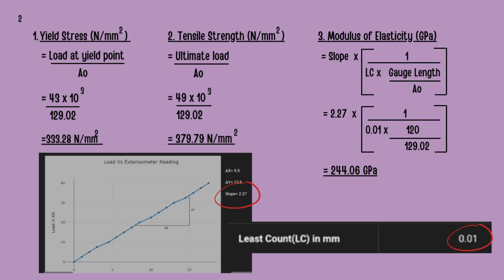LC is the least count, which is 0.01, so replace it in the formula. You will get 2.27 times 1 over 0.01 times 120 over 129.02. Calculate it and you will get 244.06 GPa.